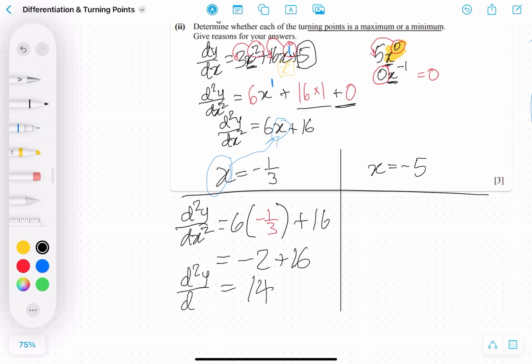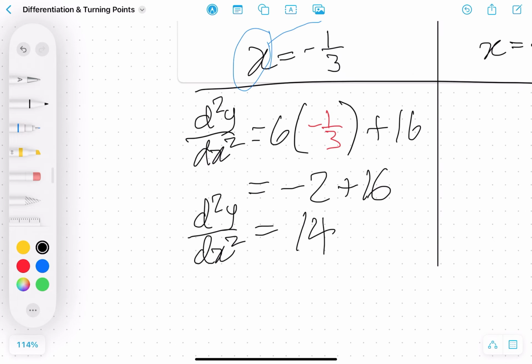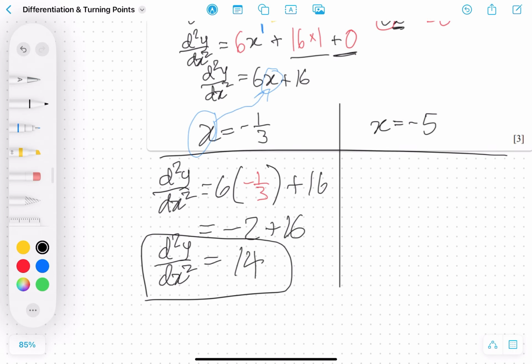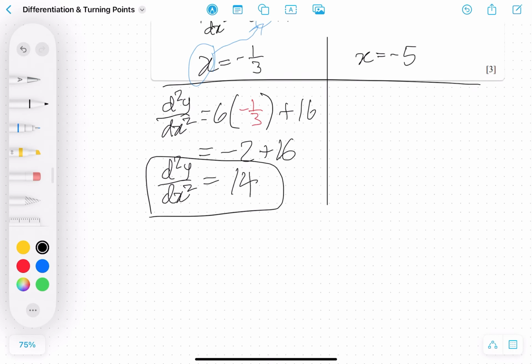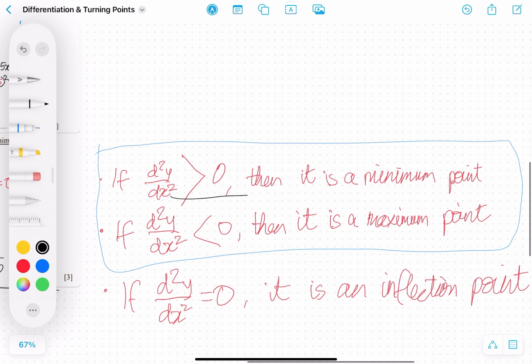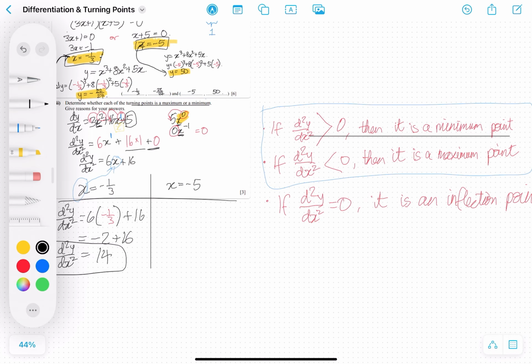So d2y by dx squared is equal to 14 for this turning point, when x is -1/3. And since it's greater than 0, from this rule we know that it's a minimum point.